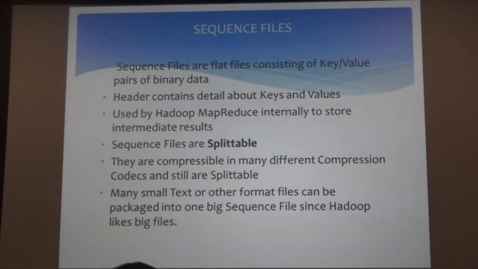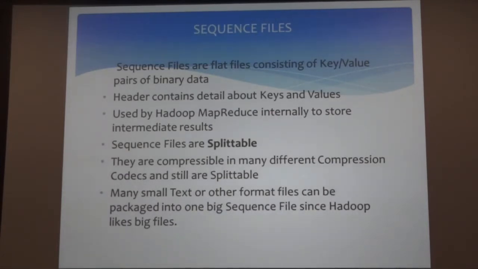This contains all the details that's necessary for it to read the key and the value. So it could have the type of the key, the size of the key, the compression codecs used for the key, and things like that.